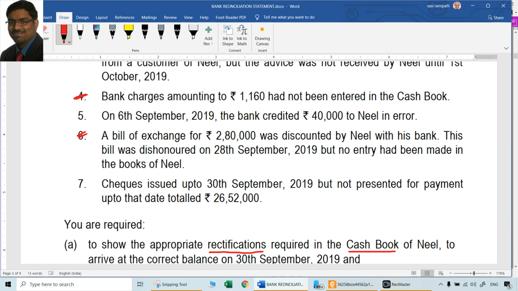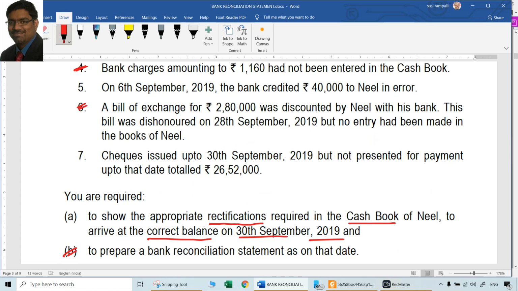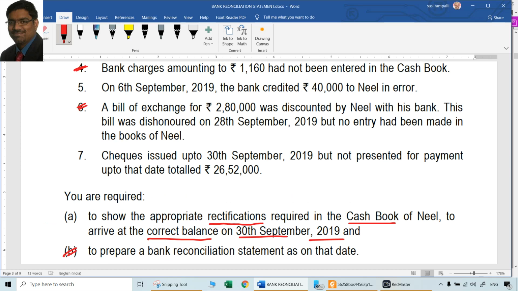See, when we originally discounted this bill, we would have already debited our cash book with whatever amount we would have received from bank after discount. That's okay. But still, when the bill is dishonored now, definitely we are supposed to pay that 2,80,000 rupees to bank, not the amount that would have been received after discount. We have to pay full amount to the bank.